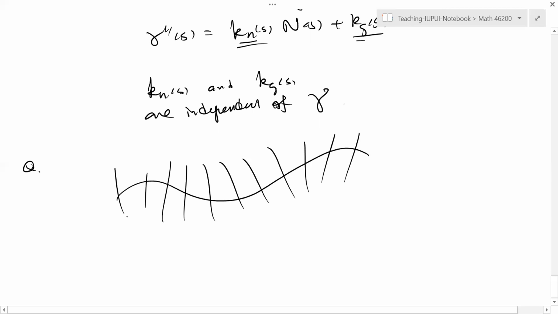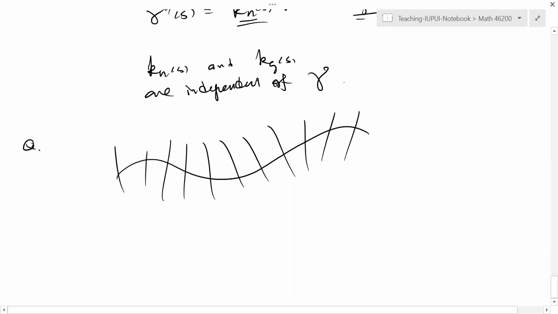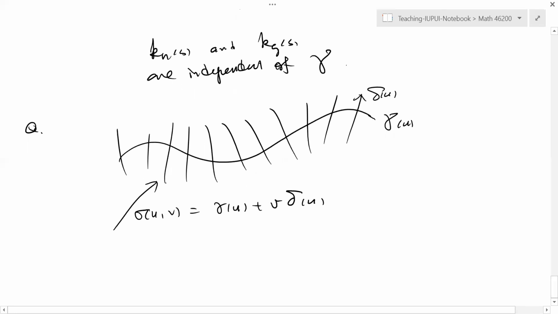This is the surface, and you can see all those straight lines are going to be geodesics. Let's parameterize by u, with gamma(u), and another vector delta(u), so sigma(u,v) is gamma(u) plus v delta(u). For fixed u, you get a straight line.